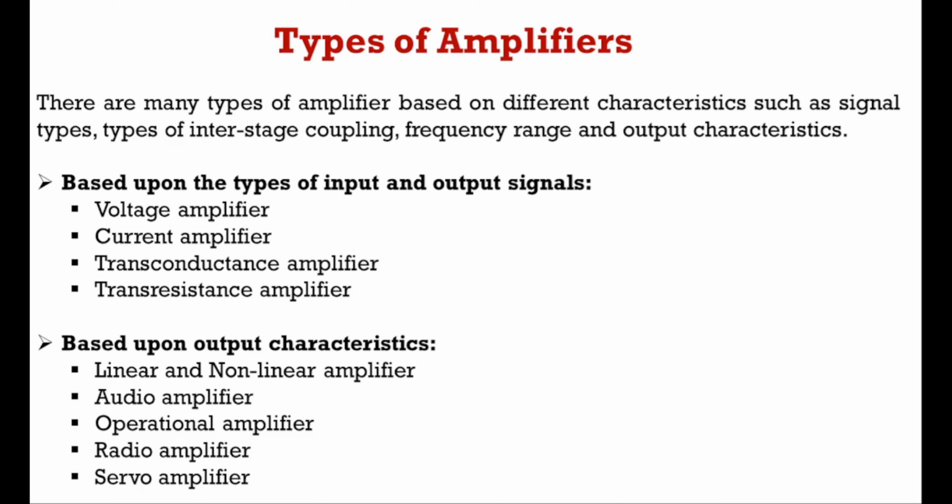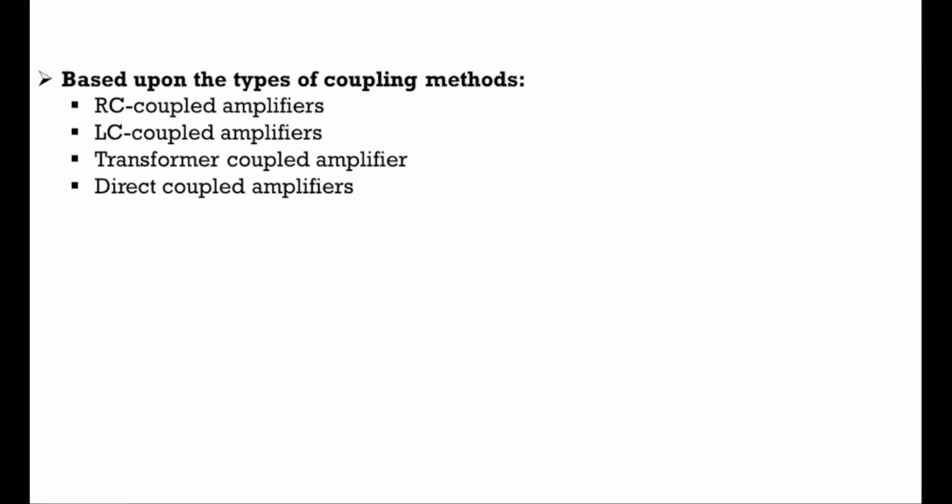Next is the operational amplifier that performs various mathematical operations like addition, subtraction, multiplication, division, etc. Next is the radio amplifier that amplifies the signal in the radio frequency range. Next is the servo amplifier. This is a kind of amplifier which uses a feedback loop to control the output at the desired level.